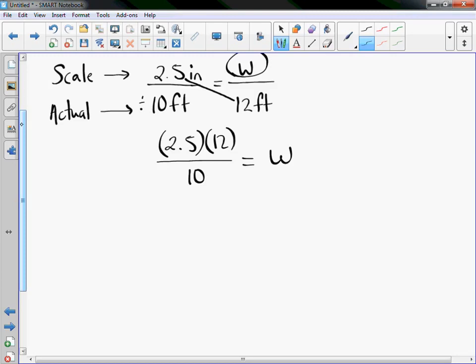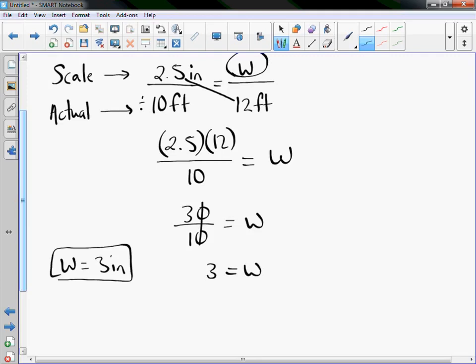Okay, so that should be 30 in the numerator. So in this case, W is 3. And since we were looking for the length of the wall in the drawing, well, the rest of the drawing is in inches, so this better be in inches. Okay? W is 3 inches.